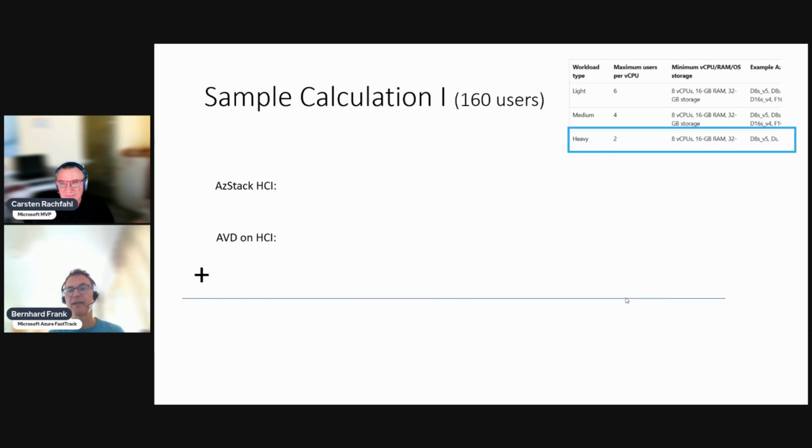So if I say 2 users per virtual CPU, that would mean on an 8-core VM, I would be allowed to have 16 users as per this definition. It's just an assumption, but I think it's a rule of thumb that should be feasible. So 16 users per 8-core or virtual CPU based VM.